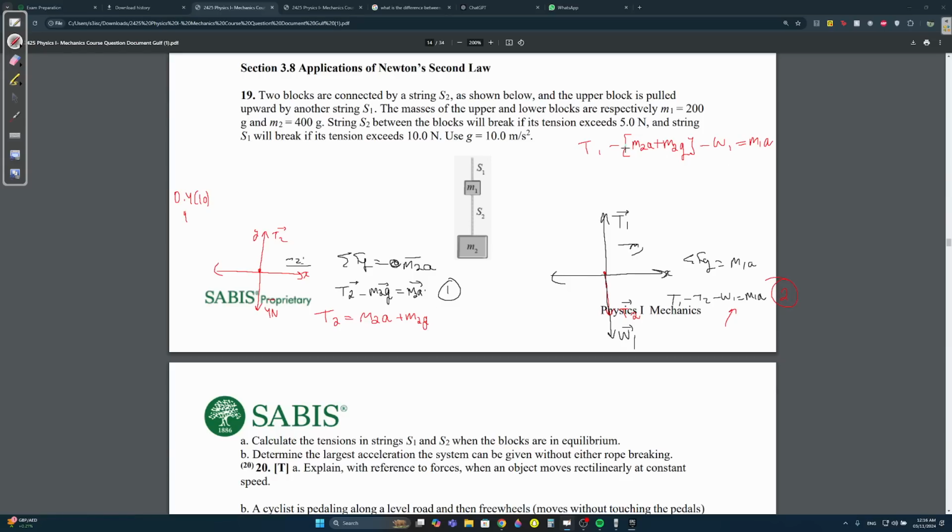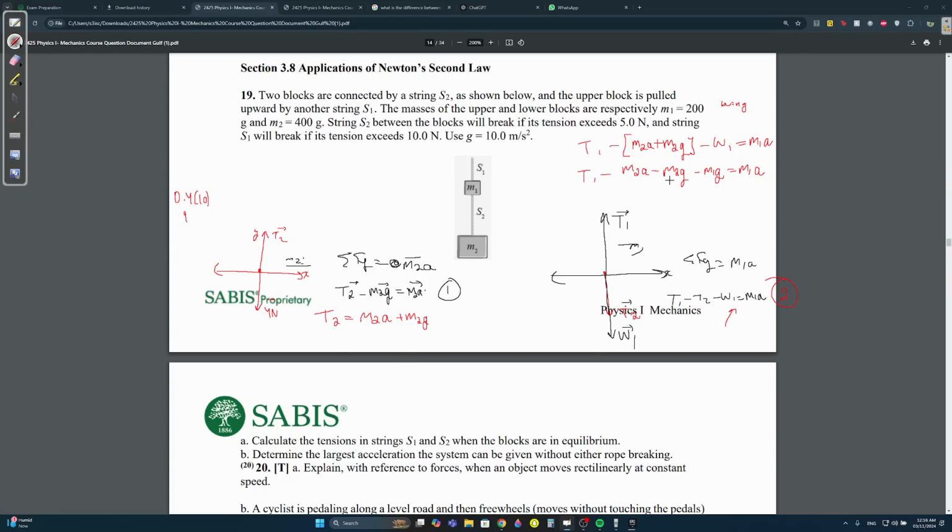See here, distribute the minus, right? So it's going to be T1 minus M2A minus M2G. W1 is M1G, right? W is equal to MG. So minus M1G equals M1A. To make our lives easier, we're going to take the A's together and the G's together.